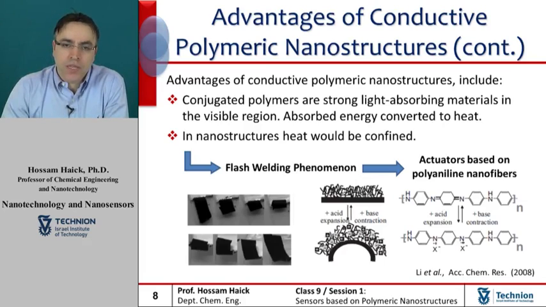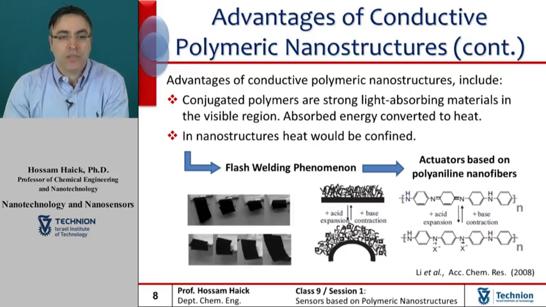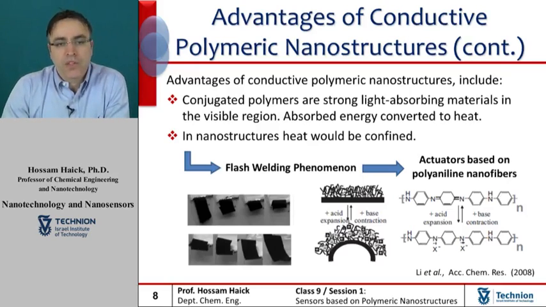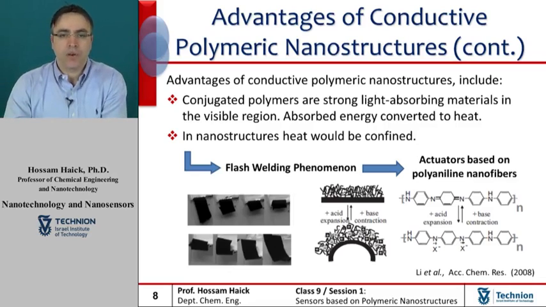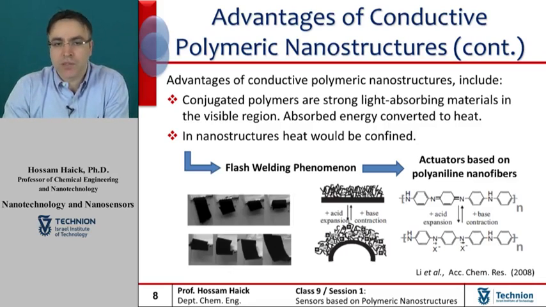When exposed to light, conjugated polymers can convert most of the absorbed energy into heat. For bulk films, the generated heat can be rapidly dissipated throughout the material. However, the heat generated in nanostructured materials will be confined to within individual nanostructures because the heat transfer to the environment and the neighboring nanostructures is slow.